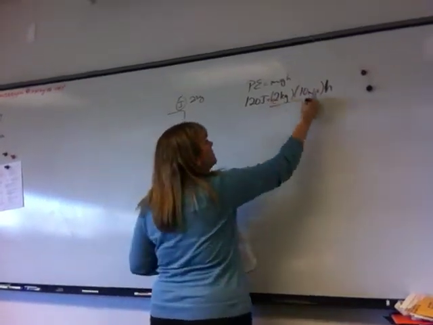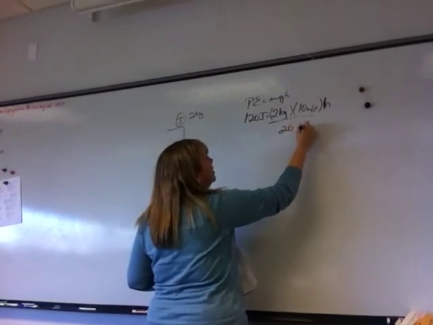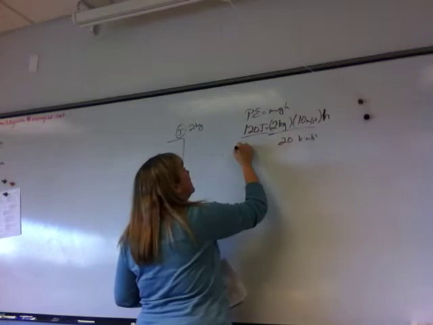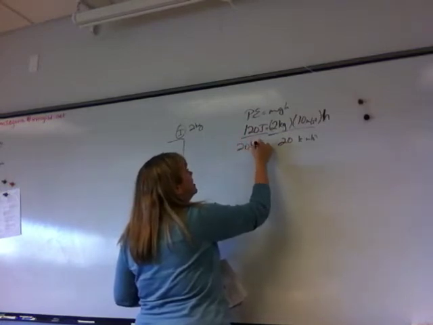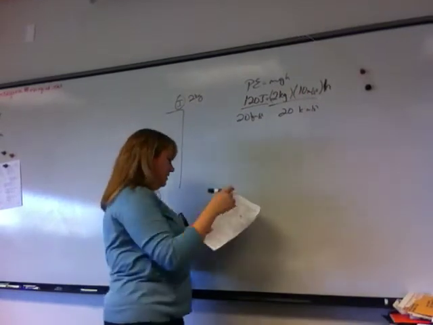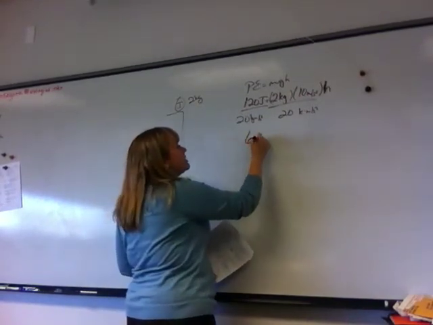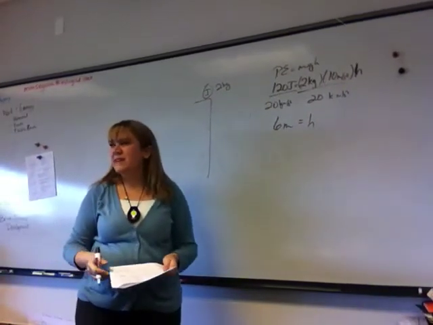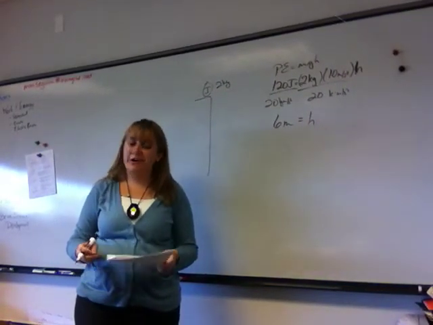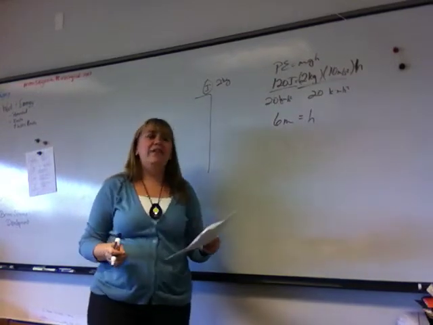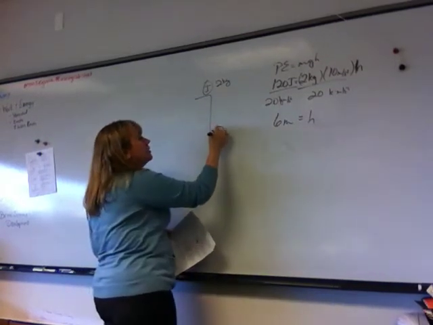So if we divide both sides by 20, 120 over 20 is 6. So this guy is 6 meters high. Seems weird. If you know the energy, you can figure out how high up it is. I know. What kind of energy does it have at point 2?